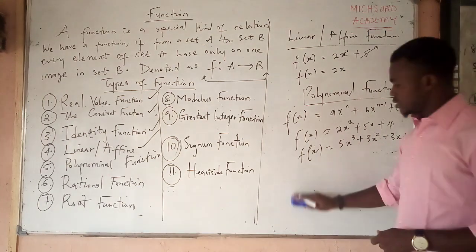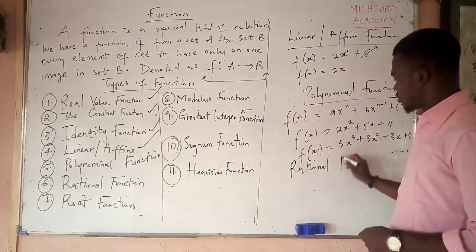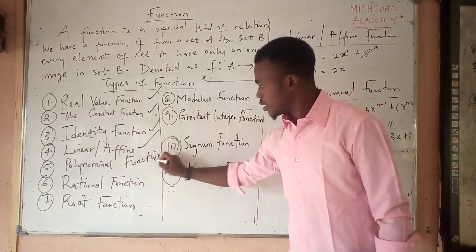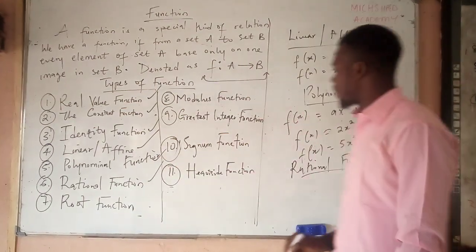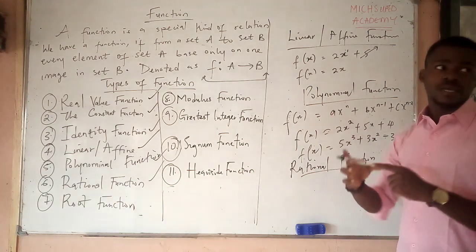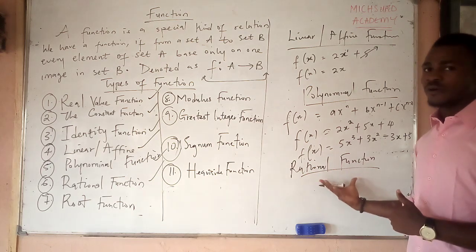Now the next we look at is the rational function. Now for the rational function, we are considering two polynomials dividing each other. It gives us a rational function.